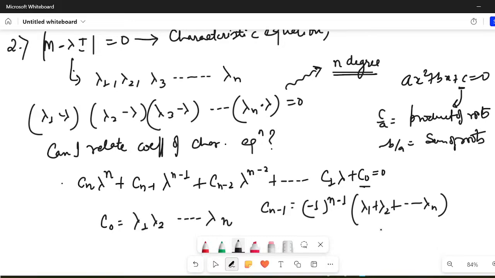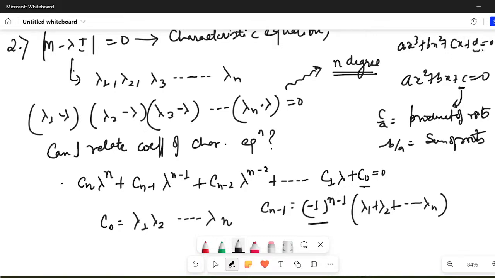Okay, so I hope it is clear. Why is this so? If you see, let's say I'm writing a x cube plus b x square plus c x plus d equal to 0.